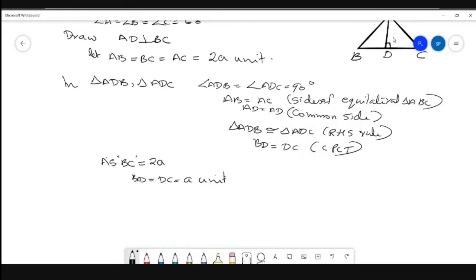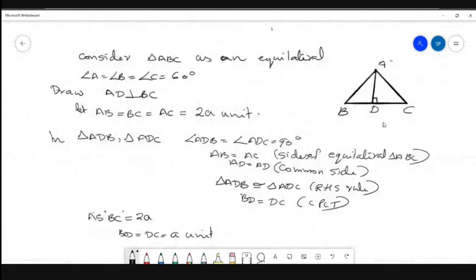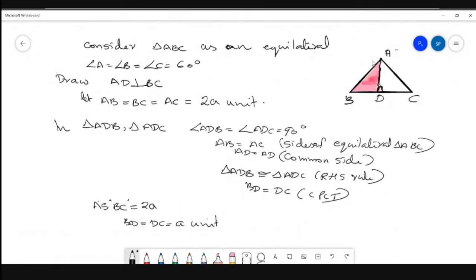Now we consider this triangle ADB alone. Consider ADB or ADC. Any one of the triangles you can take. Now we look into triangle ADB. Consider the triangle ADB.